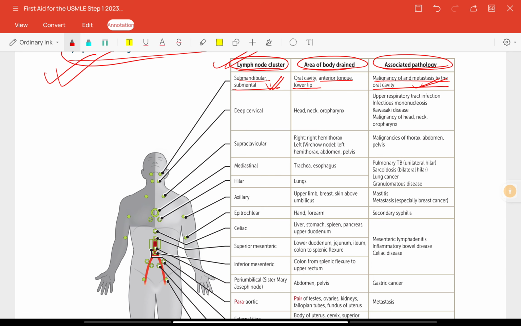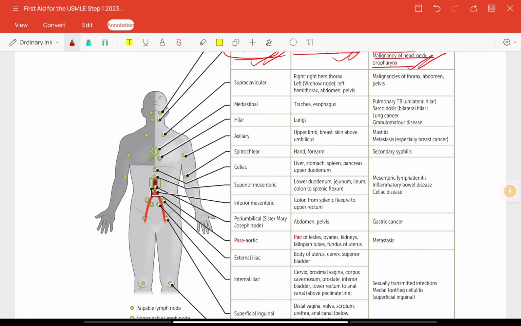Likewise, for deep cervical lymph nodes, the drainage is from head, neck, and oropharynx, and associated pathology is upper respiratory tract infections, infectious mononucleosis, Kawasaki disease, malignancy of head, neck, and oropharynx.